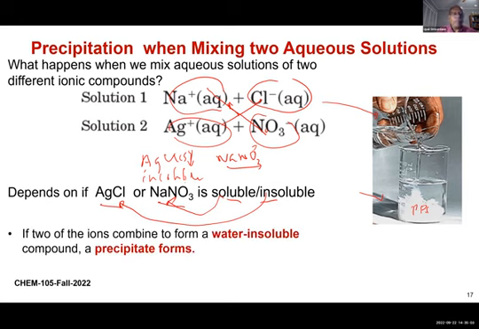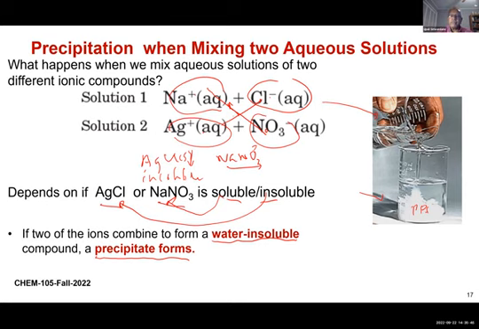So if two or more ions combine to form a water-insoluble compound, that compound is the precipitate. To predict the precipitation reaction, you have to look at the new combinations created upon mixing, whether they are soluble or insoluble salts. If no insoluble salt forms, there's no reaction. They remain in solution, but no precipitation takes place.